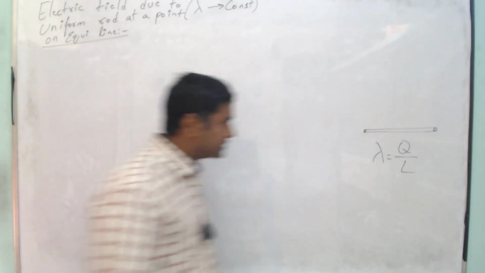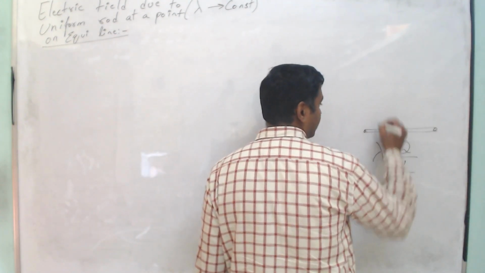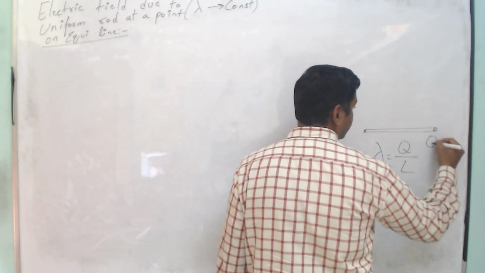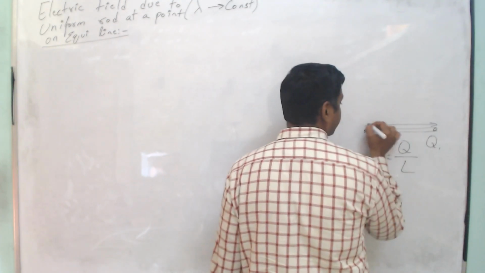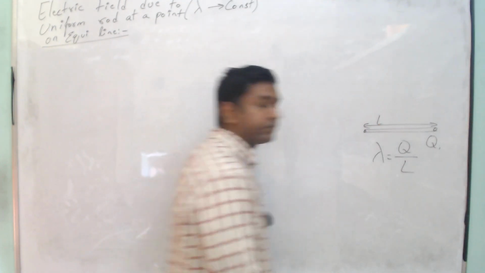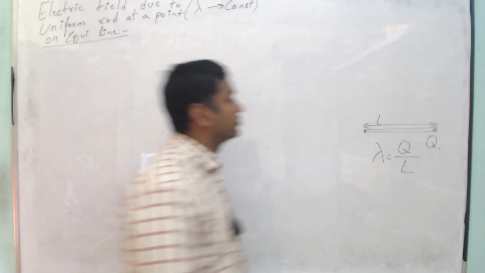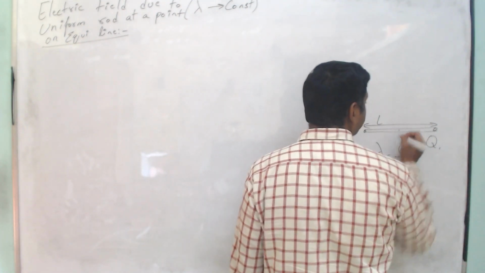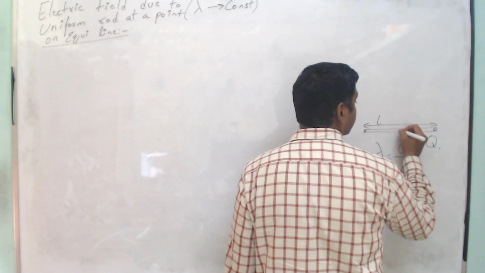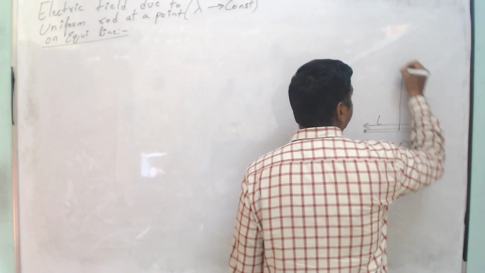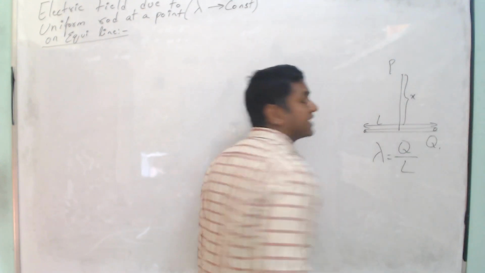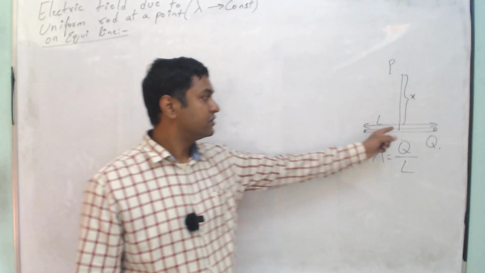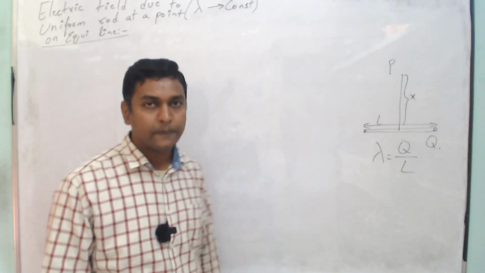So let us say this is a rod having a total charge capital Q on it, and the length of the rod is capital L. Now we need to find the electric field at a point P, which is at a distance x from the midpoint of the rod.